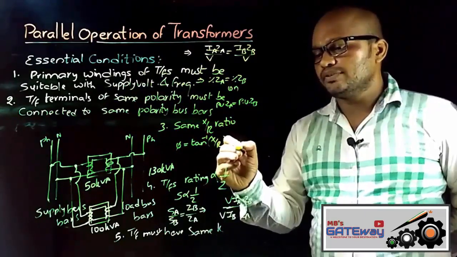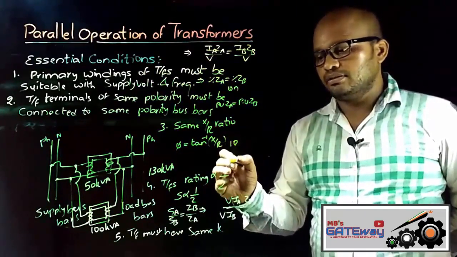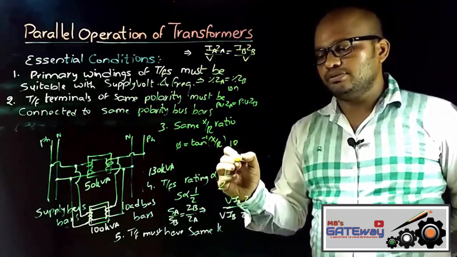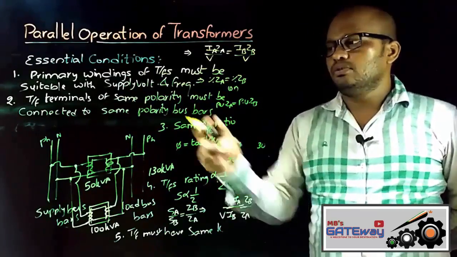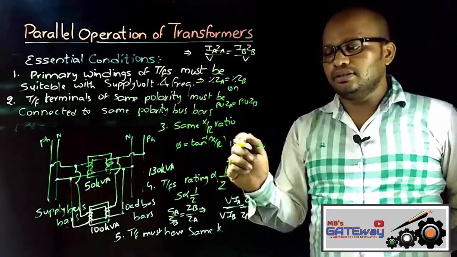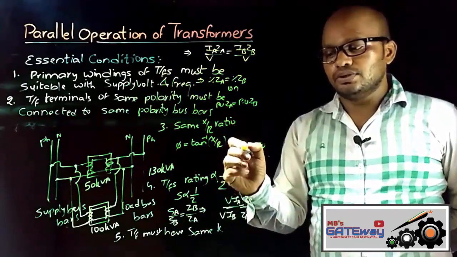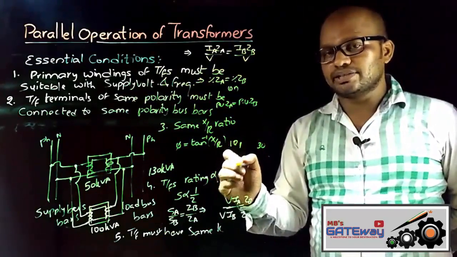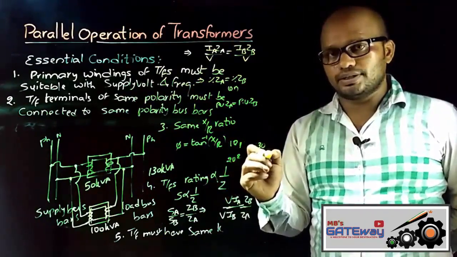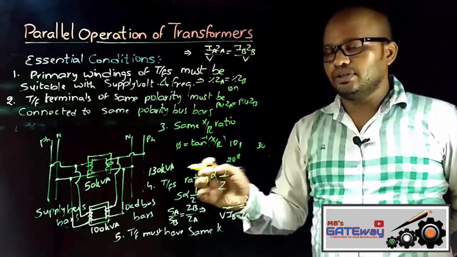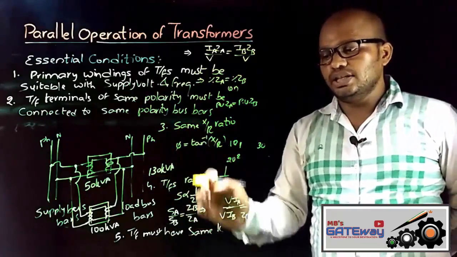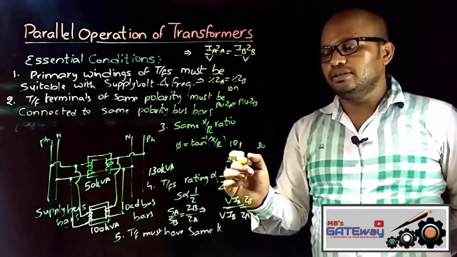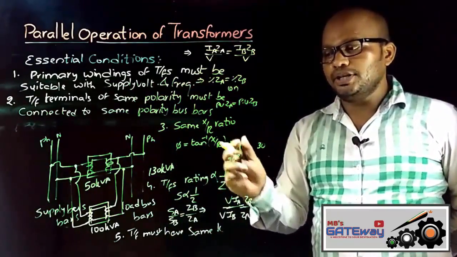That is, suppose transformer 1 has a rating of 10, and transformer 2 has 20, and let the load be 30. So if all these conditions are satisfied, then this transformer has to share one part, and this transformer has to share two parts. This is proportionate sharing. If any of the 3rd, 4th and 5th conditions is not satisfied, then there will be inappropriate load sharing.